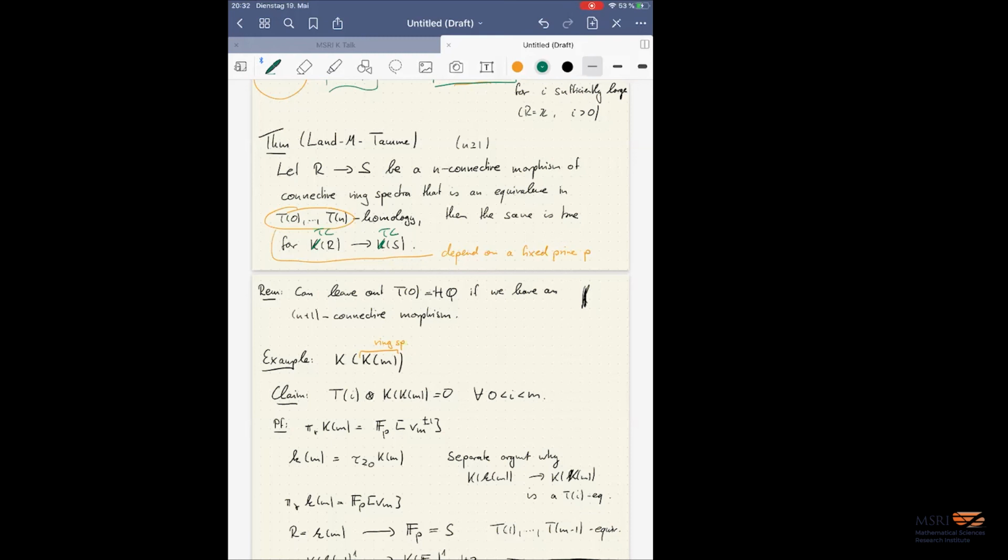And then I think one might see that what you're saying, that an equivalence in sufficiently high degrees, should induce an equivalence on localized K-theories, because, as you were certainly alluding to, an equivalence in high enough degrees is a T_i-equivalence. Mm-hmm. So this is an interesting question.